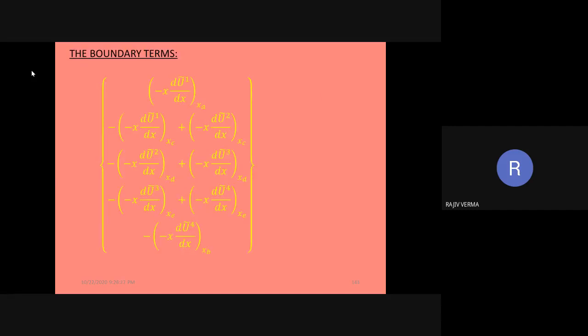So these are the corresponding fluxes existing on the right hand side of the five equations. Please notice that in the second equation, you have the two fluxes from element number 1 and element number 2. Both of them have been evaluated at the same point given by xc.